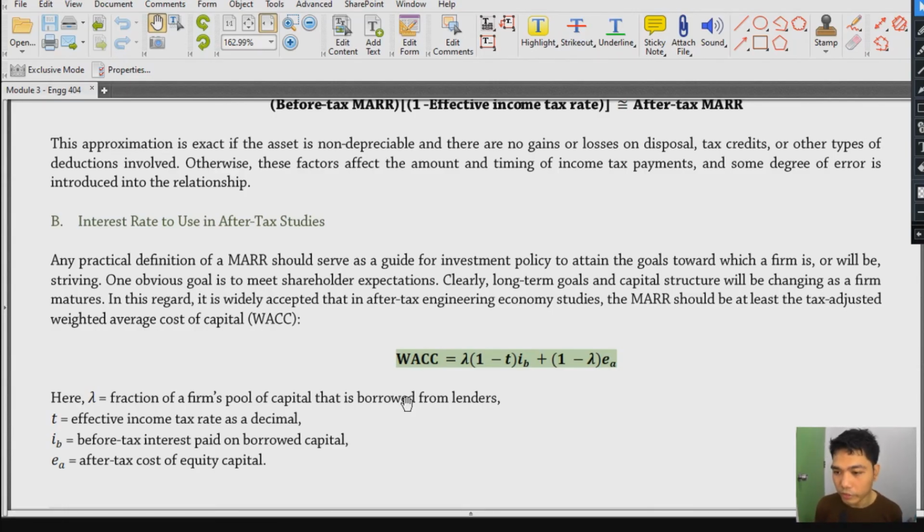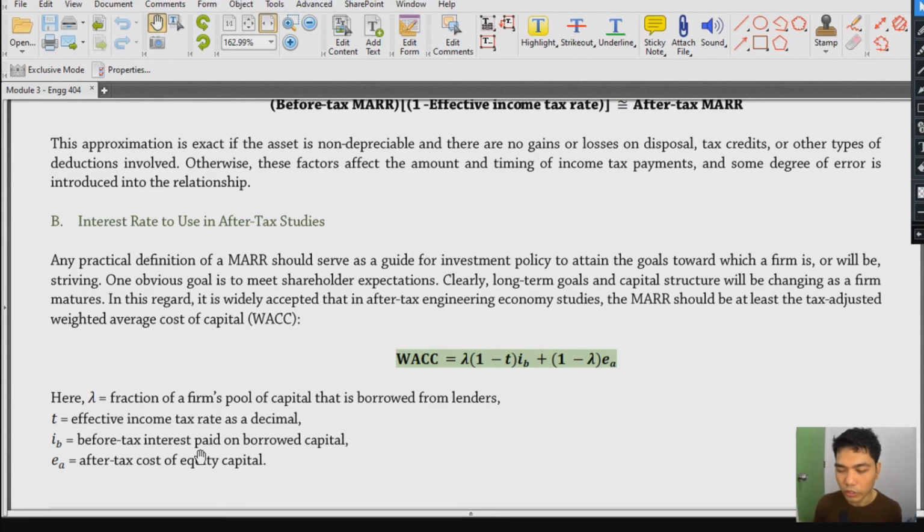So, yung firm, for example, meron mga share yung mga certain people na yon or mga taong businessman. So, yun yung parang pinool nila na fraction nung amount of capital natin. And then your t is the effective income tax rate. So, as decimal, so usually given to. And then your I sub b is the before tax interest paid on the borrowed capital.